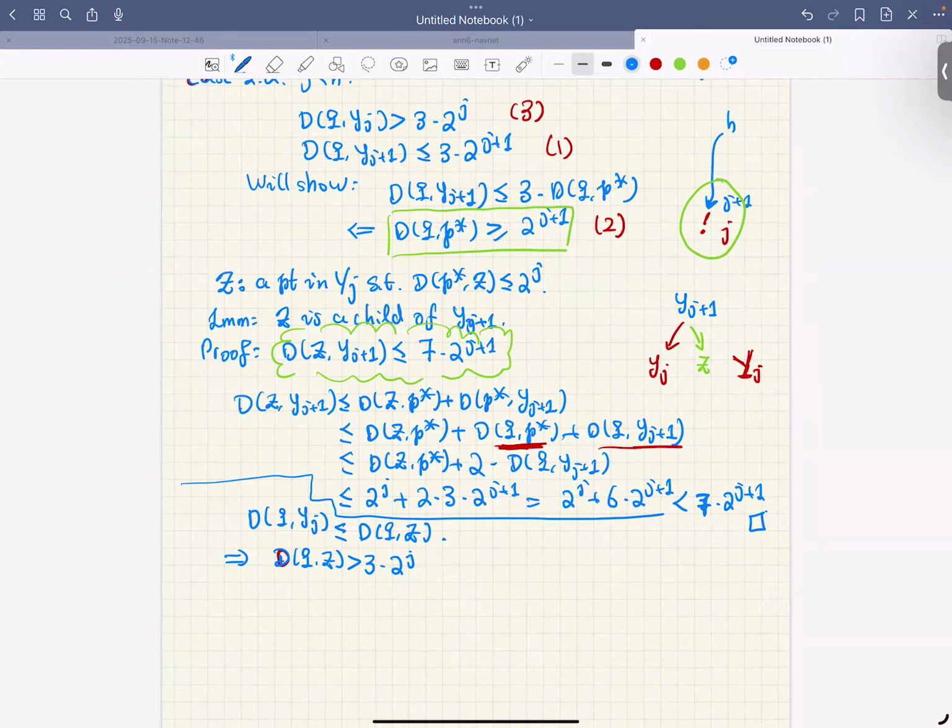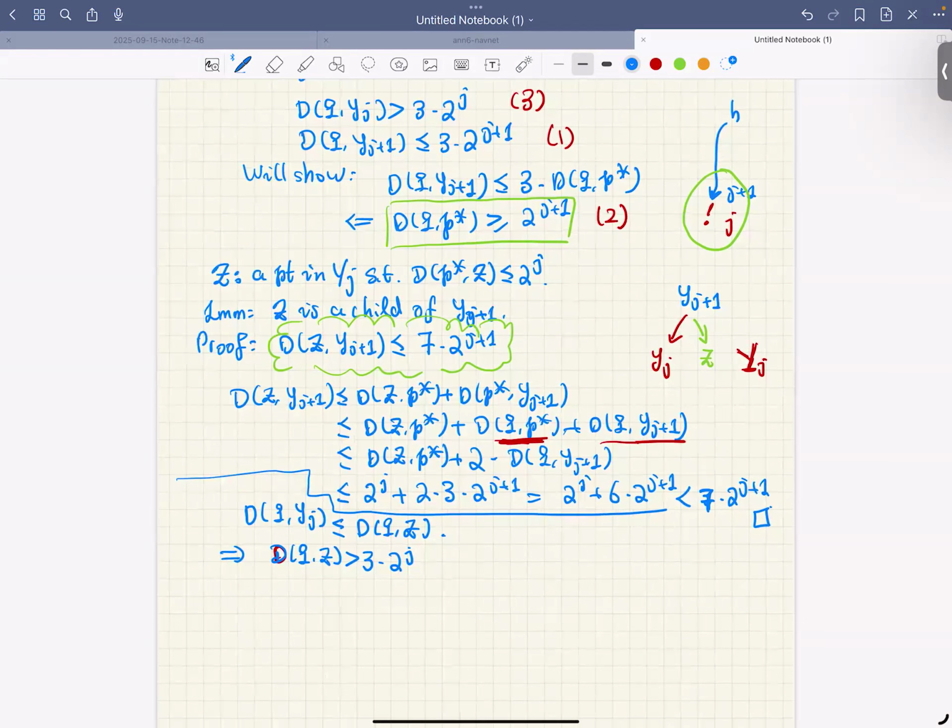This is actually very intuitive already, because Z is very close to P star. That's the best point for P star in the cover, when you talk about the granularity here, the 2 to the power of J. So now I can argue that the distance from Q to P star must be quite large.